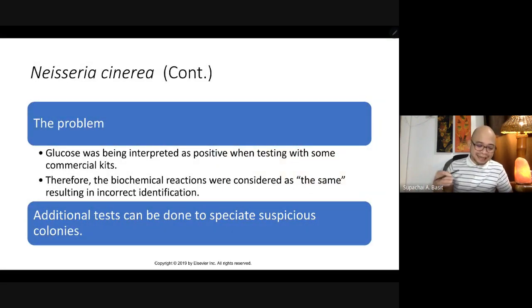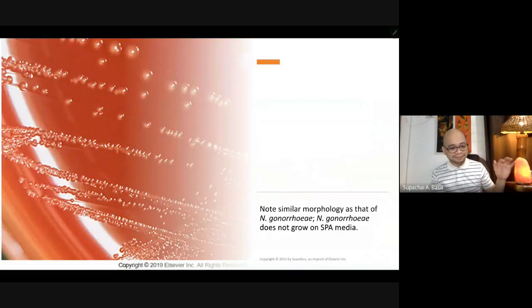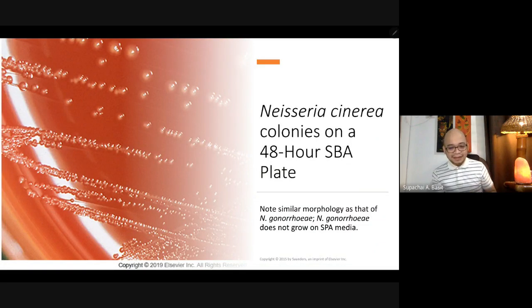Kaya nga, as much as possible, mas maganda pa rin gamitin yung cysteine, yung CTA medium. Okay? Additional tests can be done to speciate suspicious colonies. Okay, so this is how Neisseria cinerea appears at 48 hours on sheep's blood agar, though they are almost similar with that of Neisseria gonorrhoeae.